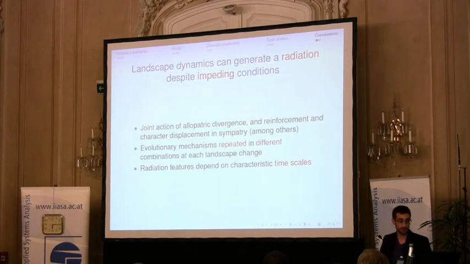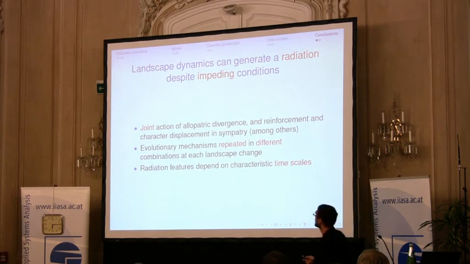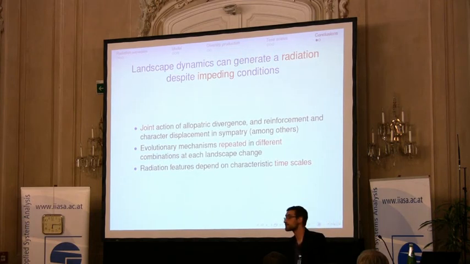So to conclude, this model shows that landscape dynamics is a mechanism which can possibly generate a radiation even under conditions known to impede a radiation in a static landscape. And this is because of the joint action of different evolutionary mechanisms specific to different geographic backgrounds, in particular allopatric divergence, and reinforcement and character displacement in sympatry.